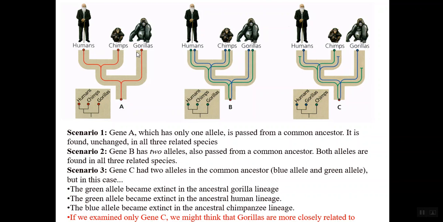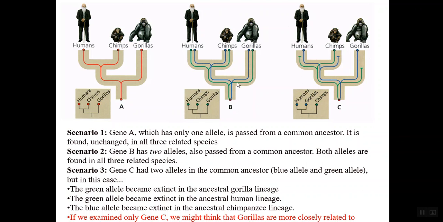The dot represents the allele not changing or not being lost in the three groups that we are comparing. These are really three species. So gene A does not help us understand who is more closely related to whom. I know that this tree represents chimps more closely related to humans, because we know that nowadays, but we know that from other studies, not from gene A.